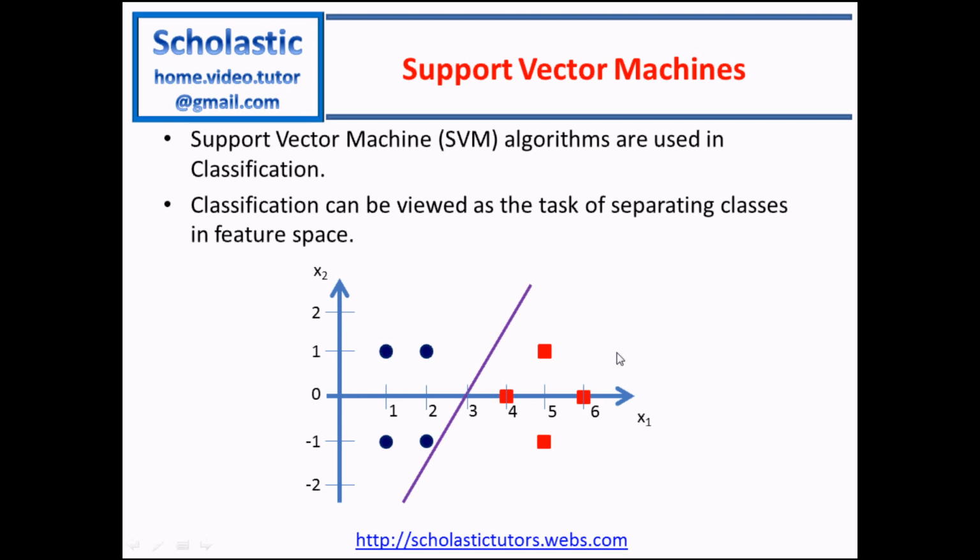Clearly these two classes can be separated by using a hyperplane like this, or like that, or like this. So this is a case of finding the optimum separating boundary, and it is called linear support vector machines.